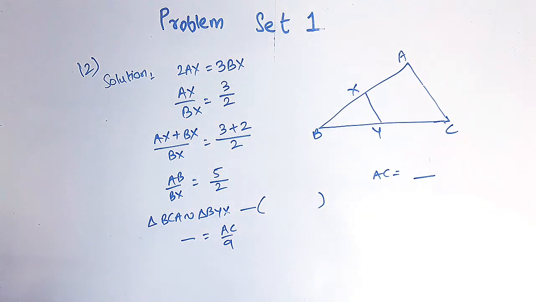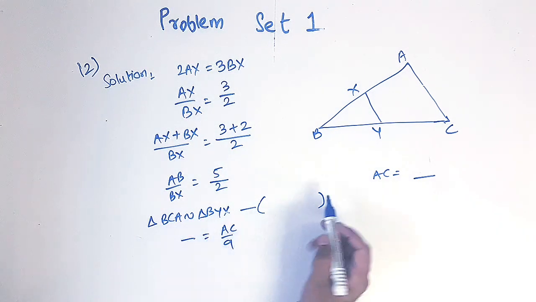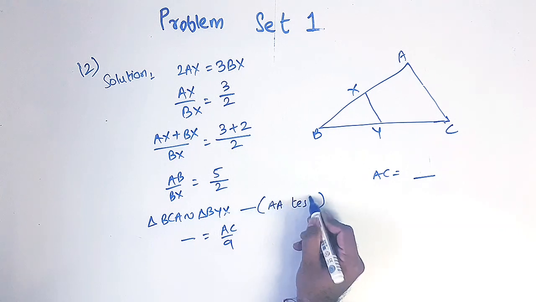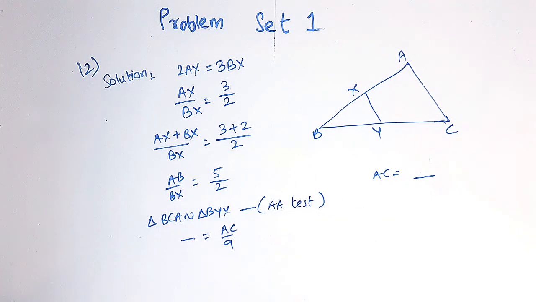Now we have these two triangles similar, so triangle ABC is similar to triangle BYX by AA test. As you can see, a common angle, and one pair of corresponding angles. So here you have BC upon BY equals to AC upon XY.